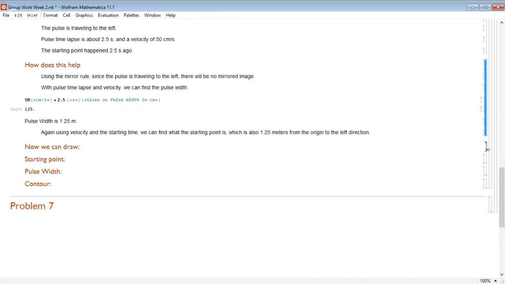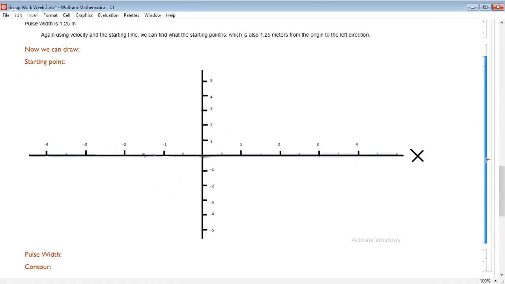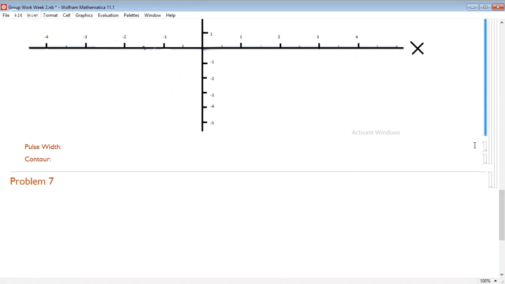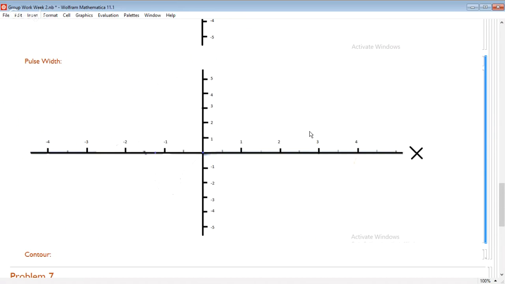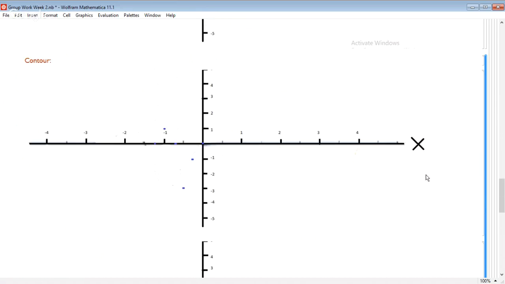Now we can start drawing with that information. Our starting point is going to be 1.25 meters, or negative 1.25 meters. So we'll have a little dot, as you can see right here, where our starting point will be when time is equal to 0. Now, our pulse width, we also know it's about 1.25 meters wide, so that'll happen right at the origin.